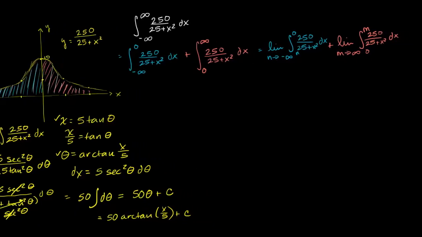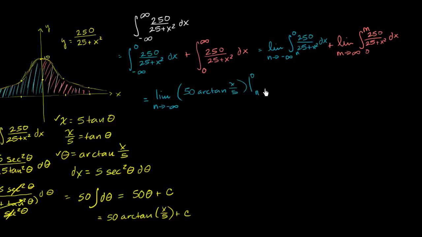So let's do that. What we have in blue, we can rewrite as the limit as n approaches negative infinity of an antiderivative of this, which we could say is 50 arctangent of x over 5, and we're going to evaluate it at 0 and n.